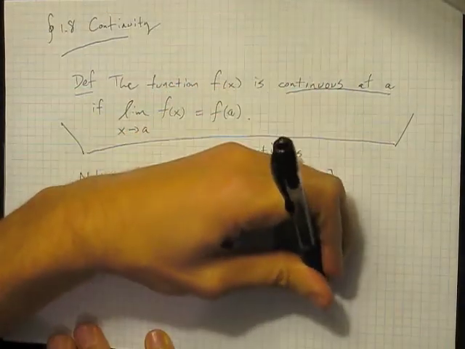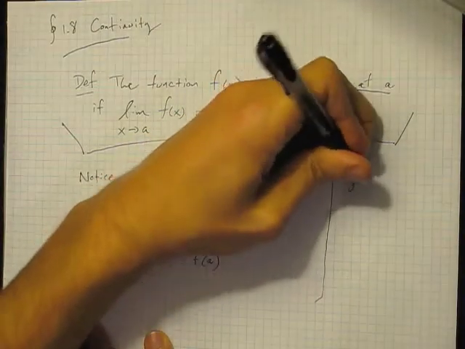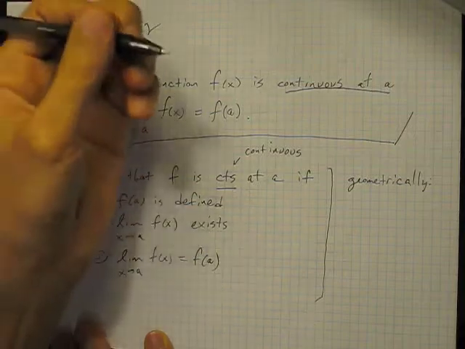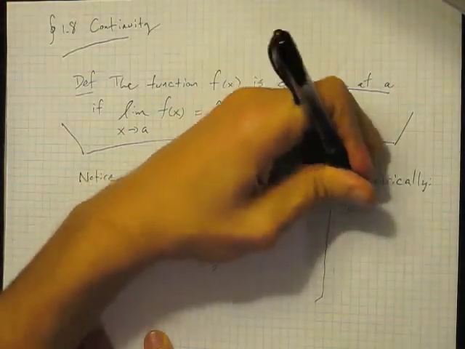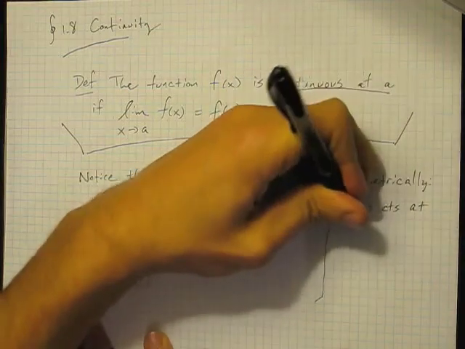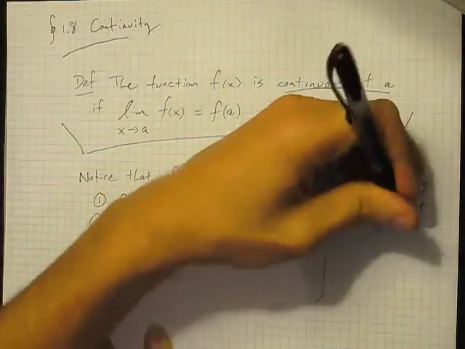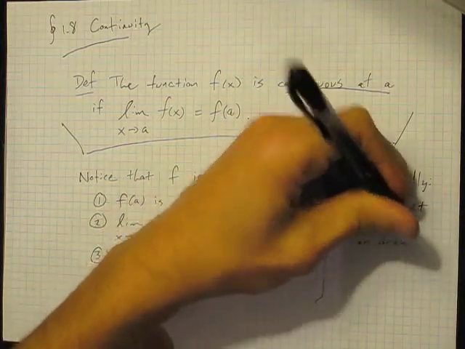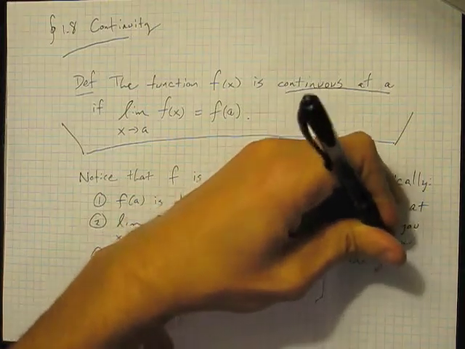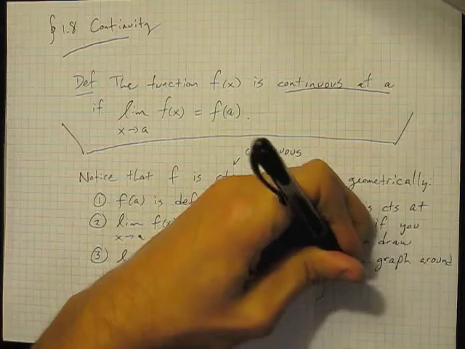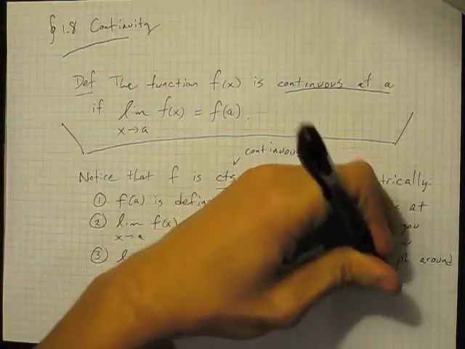One geometric way to think about this: geometrically, this just boils down to f is continuous at a if you can draw the graph around f of a without lifting your pencil.